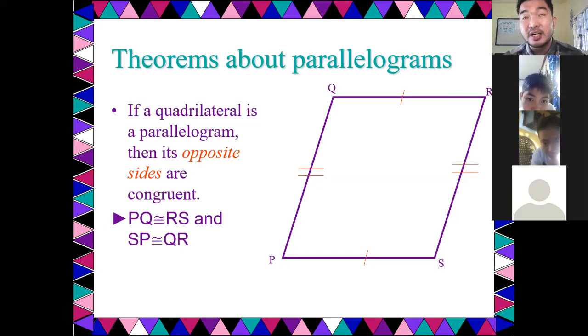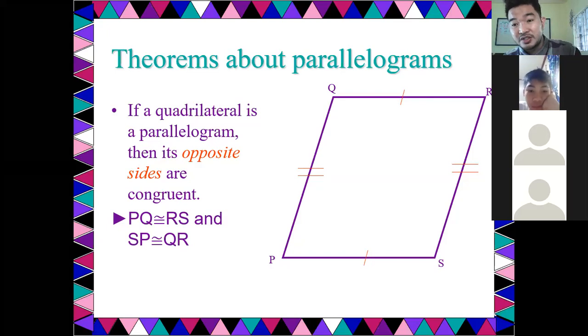Tulad kayo halimbawa, may similarity kayo ng nanay mo. Ibig sabihin, merong magkamukha sa inyo. Similar yung ilong ninyo, magkamukha yung inyong ilong. Similar yung inyong body build, magkamukha yung inyong body build.